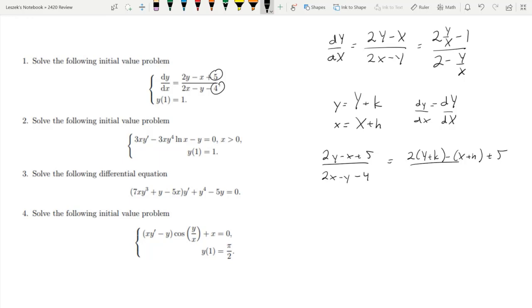So we did this example at the very beginning, but it's okay. Okay. Gather all the variable stuff, the x's and the y's, and gather all the remaining constant stuff.